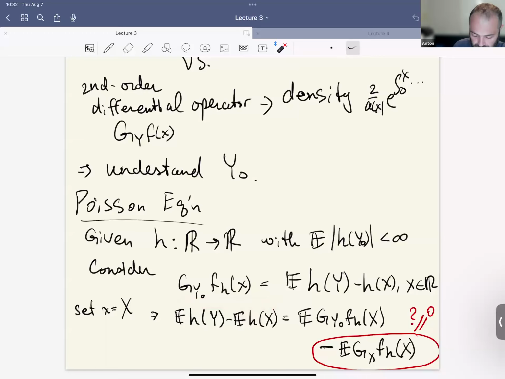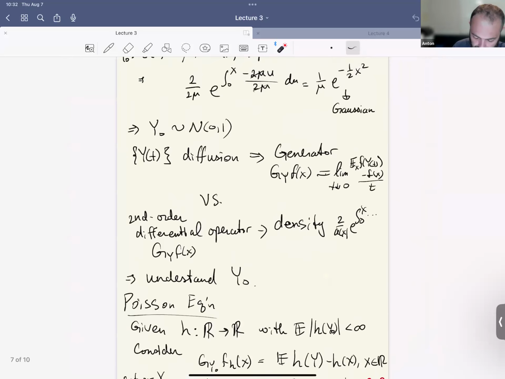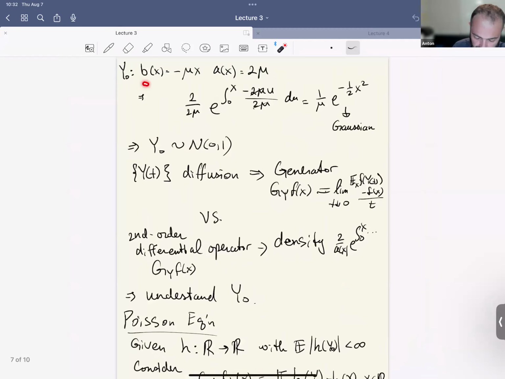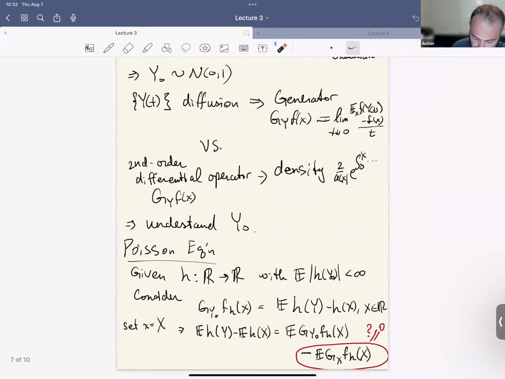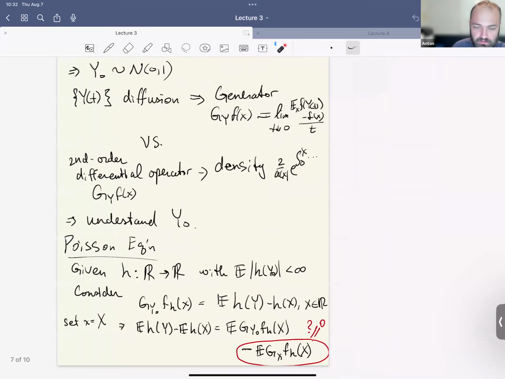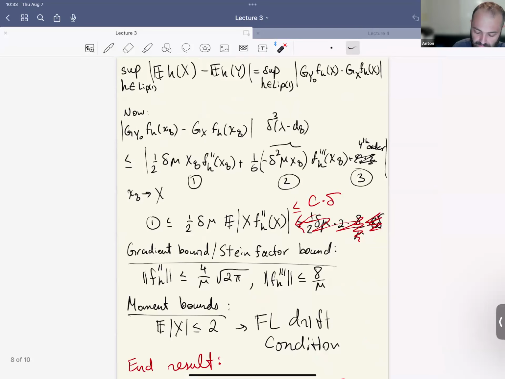So we start from the Poisson equation of the diffusion, and the generator of the diffusion has two components. It takes a drift B and the diffusion coefficient A. Okay. So we set up the Poisson equation. We use the BAR to write down the difference between X and Y in terms of the difference of the generators.